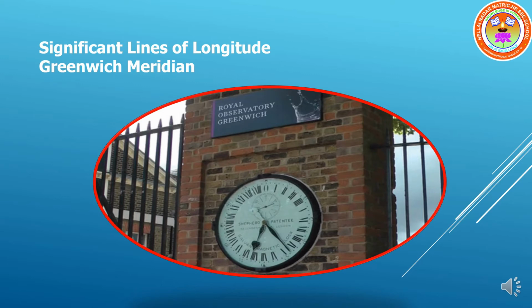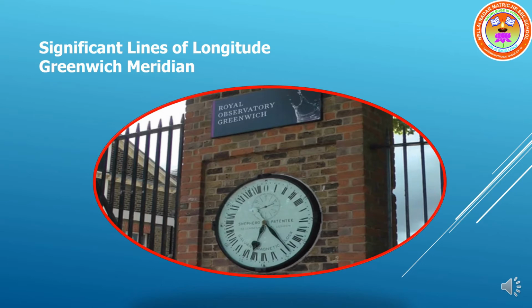The Royal Astronomical Observatory is located at Greenwich near London in England. According to the International Meridian Conference held in 1884 in Washington, D.C. in the USA, that is United States of America, all nations agreed to choose the Greenwich meridian as the International Standard Meridian 0 degree.